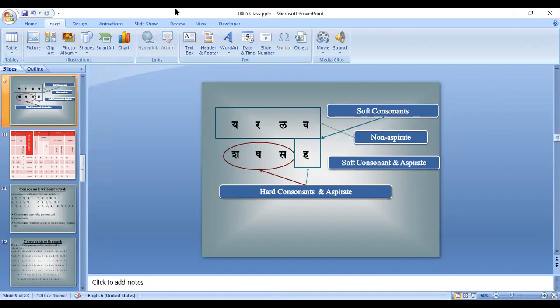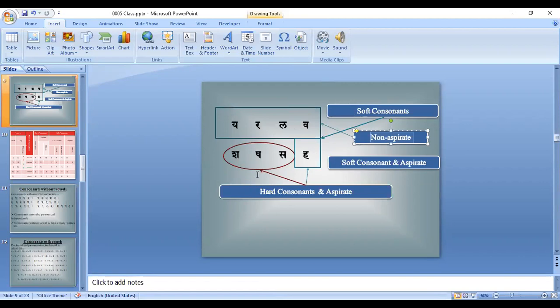It was aspirate. Now I corrected it to non-aspirate. Ya, ra, la, va, they are non-aspirate, alpa prana. That is what non-aspirate shows. And soft consonant. All the semi-vowels are soft consonants, and the last letter of the sibilant, ha, is also a soft consonant.